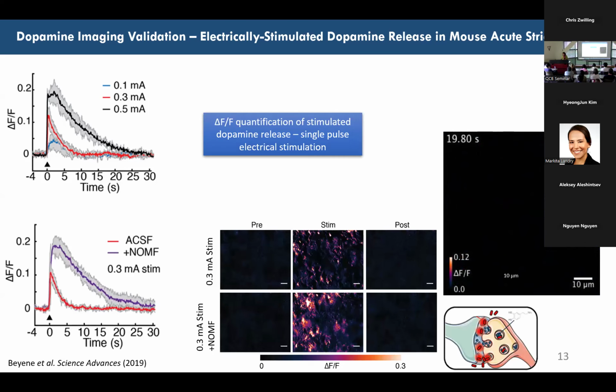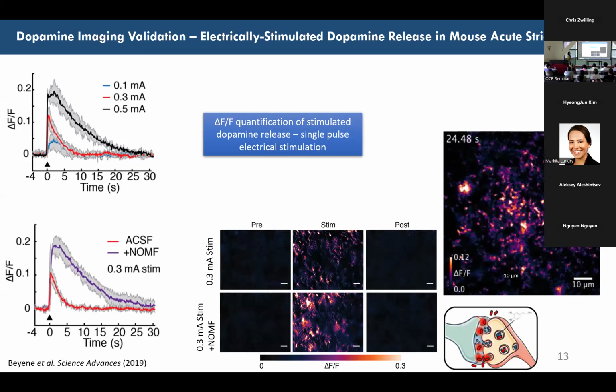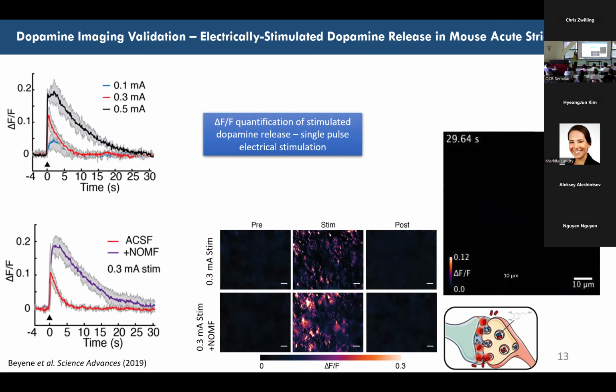We can add a drug called nomifensine, a dopamine reuptake blocker that binds to the dopamine transporter proteins and blocks dopamine reuptake. At equal stimulation strength, in the presence of nomifensine, there is more dopamine residing in the extracellular space and it takes longer to clear, as we would expect from the mechanism of nomifensine blocking dopamine reuptake.